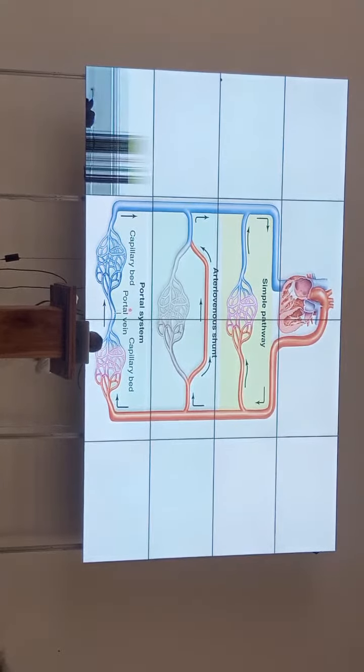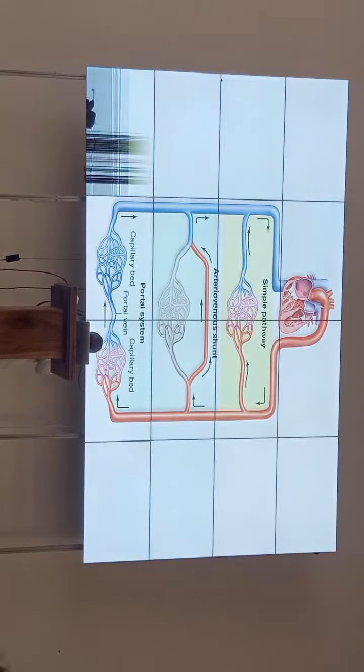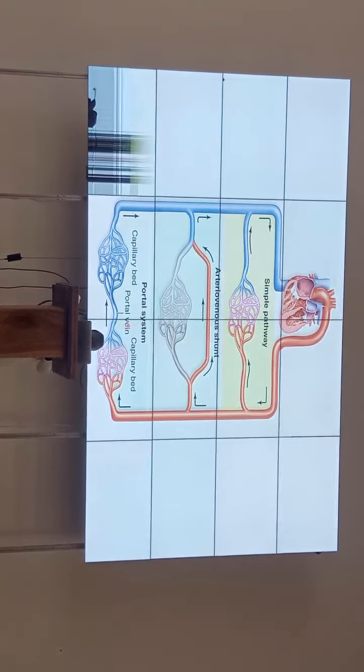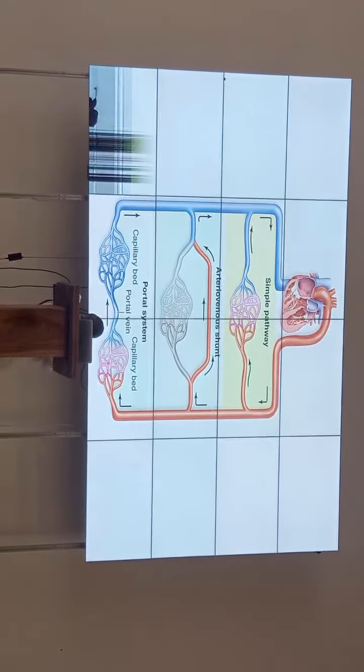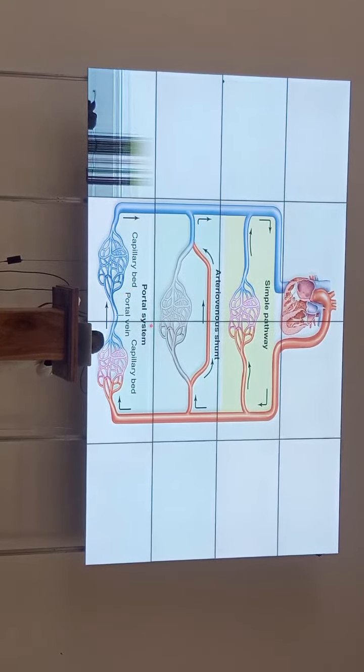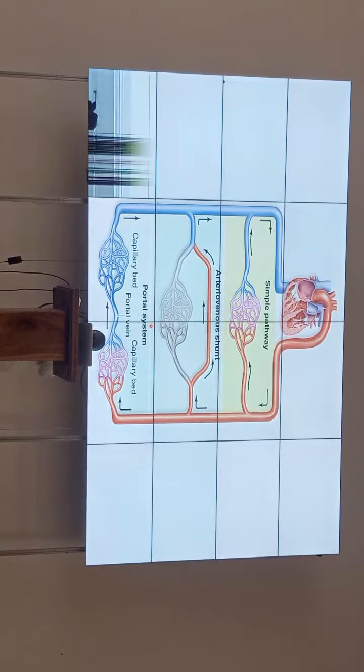A system such as this one, which is characterized by two capillary beds or systems or networks, which are connected by a vein, this vein we're going to call a portal vein. A portal vein is a vein that connects two capillary beds or systems. Is that clear? This type of system is known as a portal system. Are we together? A portal system.